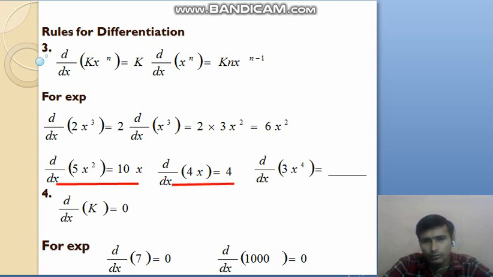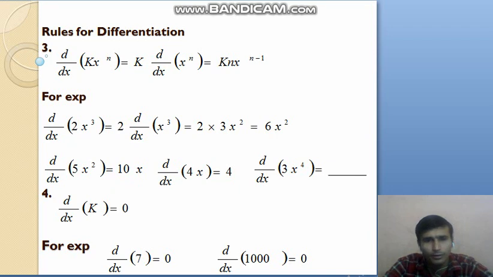So now I hope that you can easily do the differentiation of d by dx of 3x raised to 4. What is the answer orally? Of course, 4 threes are 12, x raised to 4 minus 1, which is 3, right? So 12 x raised to the power 3.